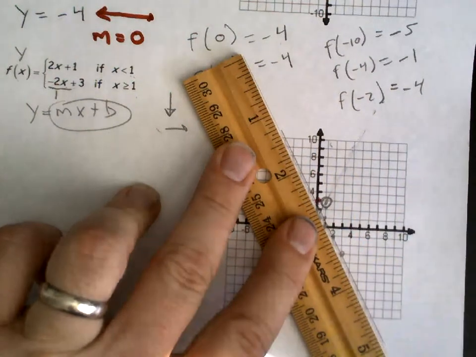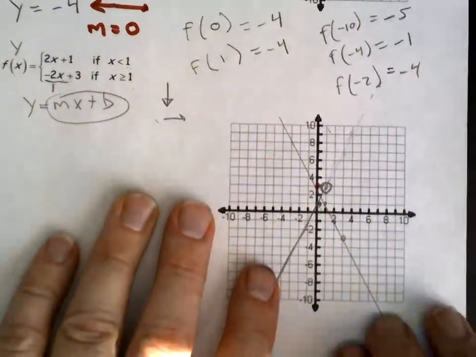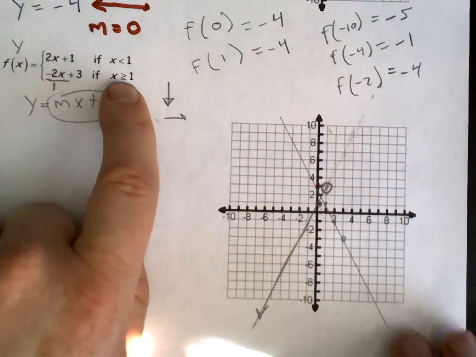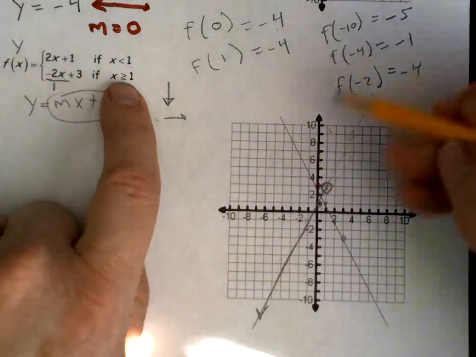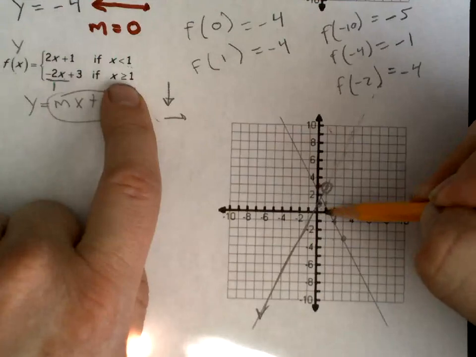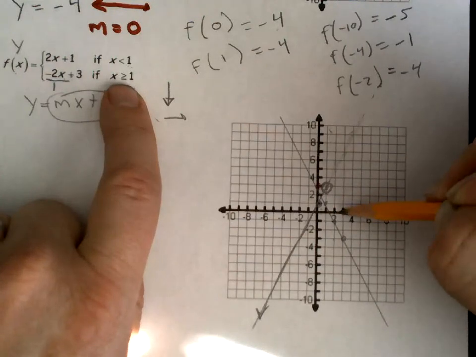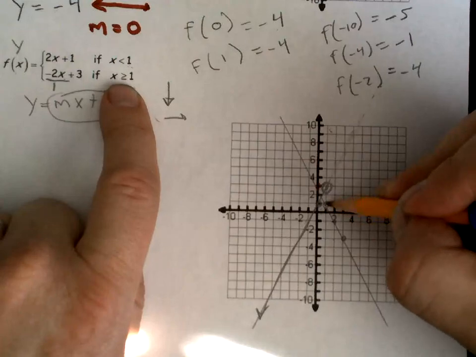Very lightly. Now, my restriction says x is greater than or equal to 1. So x is greater, so 1 is greater. So greater means 2, 3, 4, 5. So go right up to here, and this is solid.